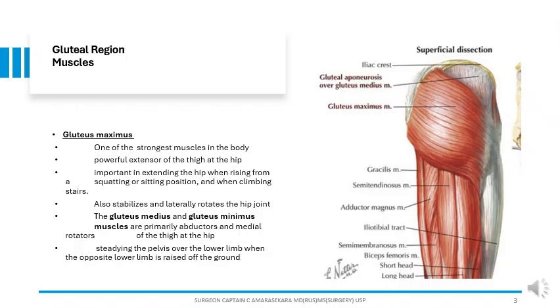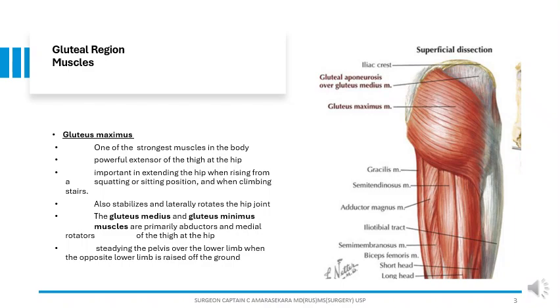Let's now focus on the gluteus maximus, the largest and one of the most powerful muscles in the human body. It plays a central role in hip extension, posture, and dynamic movements.